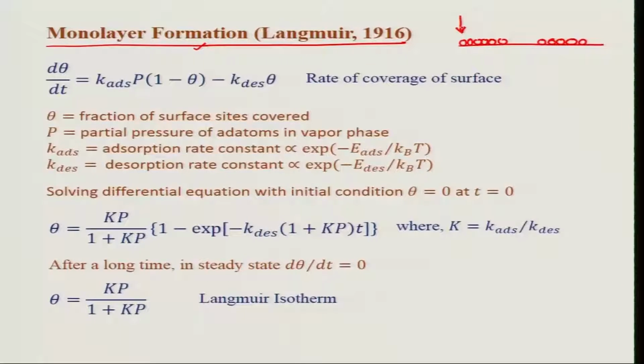Any atom which is coming to the surface is called an adatom, because it is being added to the surface. Now, the rate of coverage, how fast a monolayer forms, will depend on several factors. First of all, if an adatom is being adsorbed on the surface, it is equally likely that it can also desorb. So, there is a competition between these two processes.